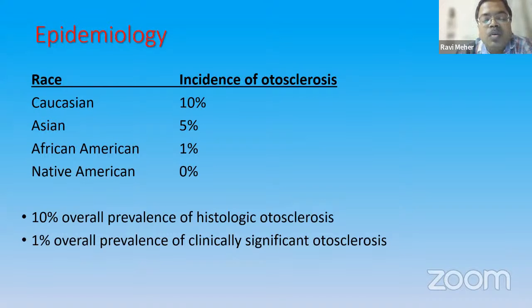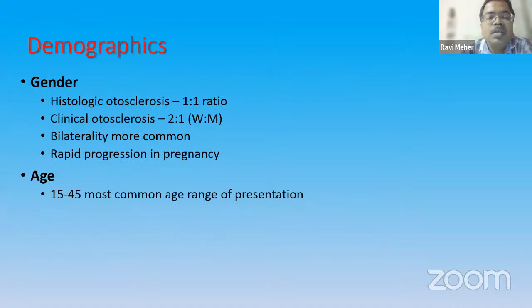And the overall prevalence of histological otosclerosis. Histological otosclerosis means that there are otosclerotic changes in the otic capsule around the stapes footplate area, but the patient is not clinically symptomatic. The overall prevalence of clinically significant otosclerosis is just 1%. So you might have histological otosclerotic changes in many temporal bones, but clinical symptoms are seen in only 1/10 of the patients.